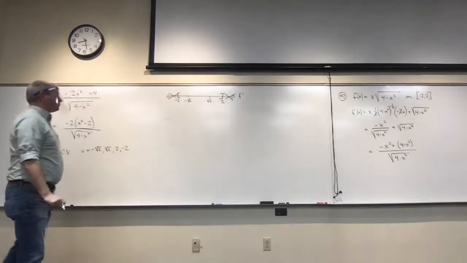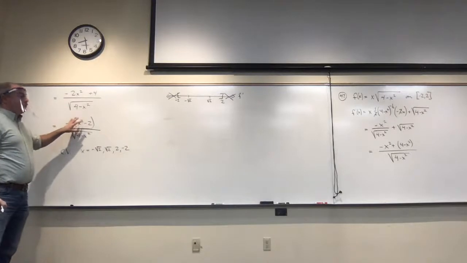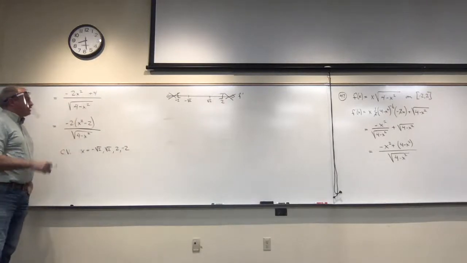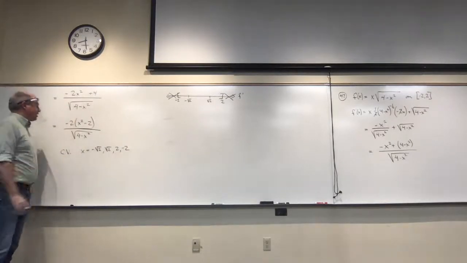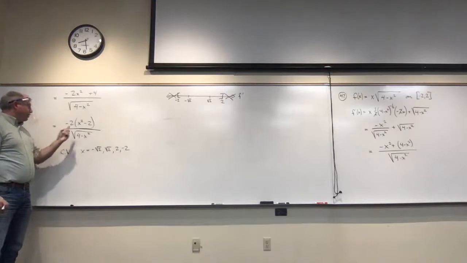Okay. And here is my first derivative, although it's like a modified form, but I think it's an easy place to test. Why don't we just start with the easiest thing I can see to test, and that's 0. So if I put in 0, the whole top would be positive or negative.